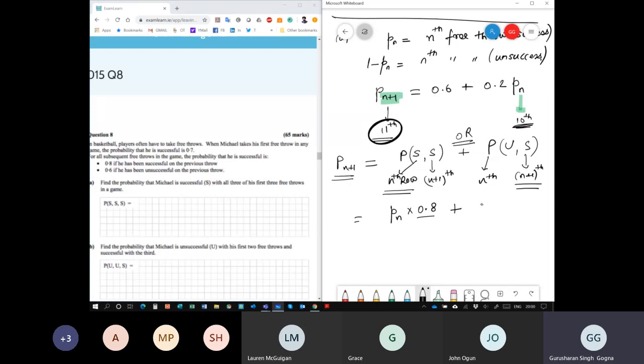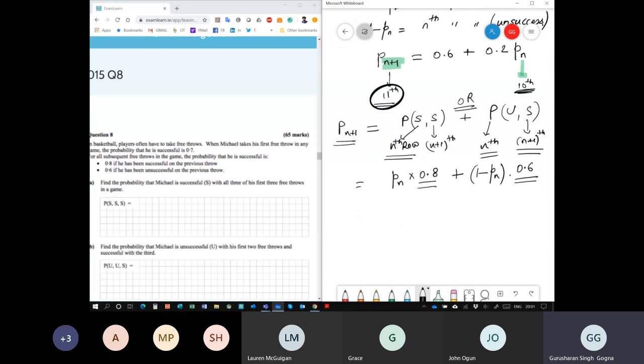Similarly, here the nth throw is unsuccessful. What is the probability of unsuccessful? 1 minus Pn. And the next one is successful, but the previous one was unsuccessful. So what is the probability? It's the second bullet point there, and that is 0.6. This is how you need to do it.